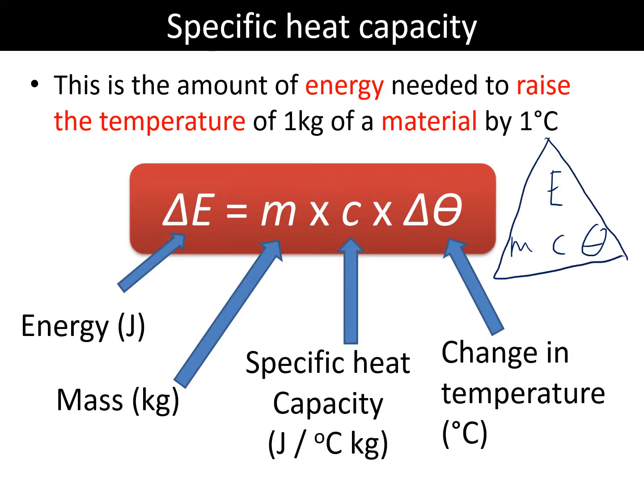Now, this also helps you figure out what the units are, because we would have joules, energy, above, or in this case, divided by the unit for mass, and the unit for temperature. So we've got temperature and mass here. And then we have change in temperature here, obviously. So that is specific heat capacity.